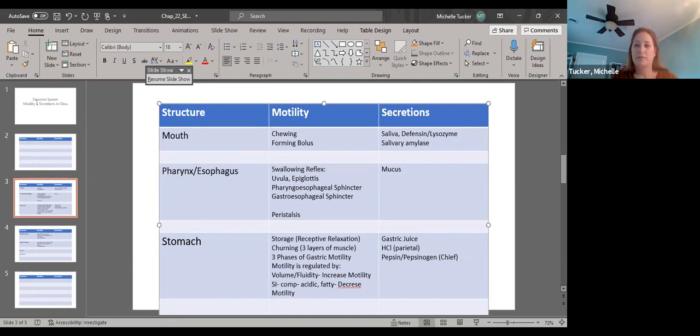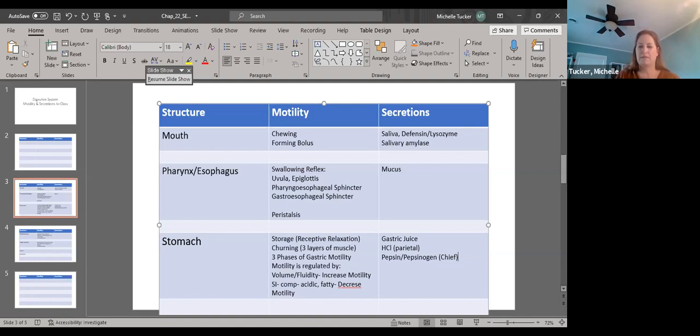All of our protein digestive enzymes, whether they're secreted by the stomach or by the pancreas, are going to be secreted in a pro form. And that's because if they were secreted in an active form, then we would be digesting those glands and digesting those organs.